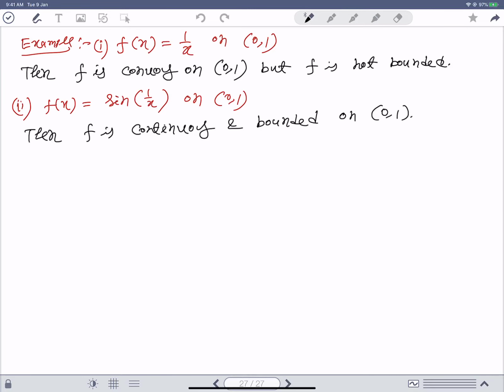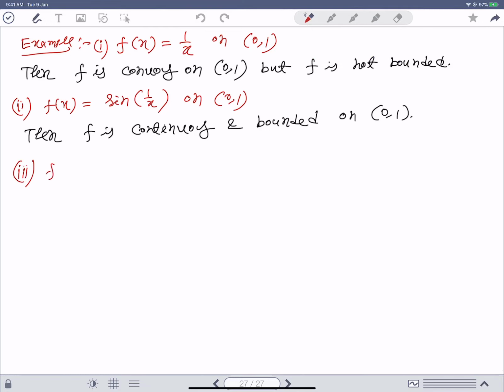That means if the domain is an open interval, then we cannot say anything about the boundedness of f. So f can be bounded or f cannot be. And if the domain is unbounded, then also we cannot say anything about the boundedness of f, right?